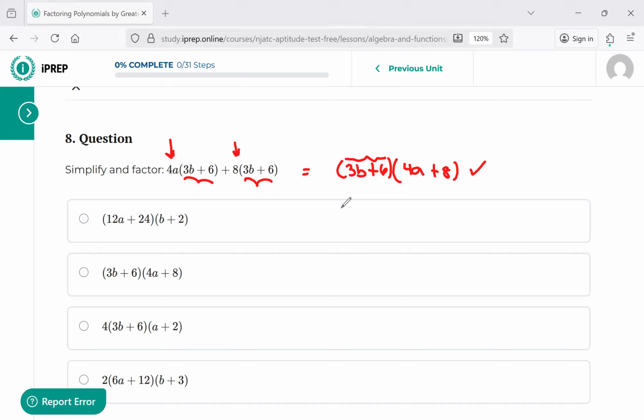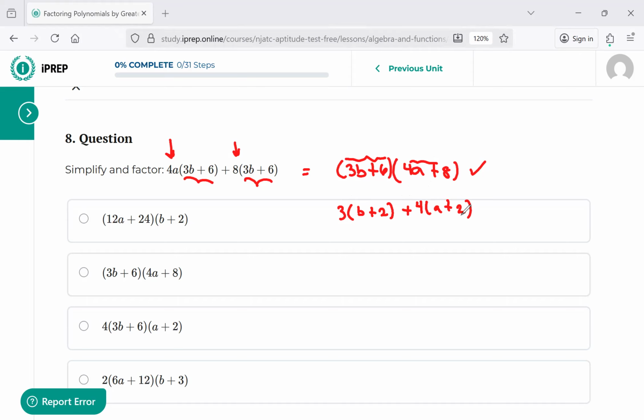You can't take out a b. So you could factor out a 3. So this is going to be 1b plus 2. And then over here, 4a plus 8. You can definitely factor out a 4, right? They're both divisible by 4. So this is going to be a plus 2.